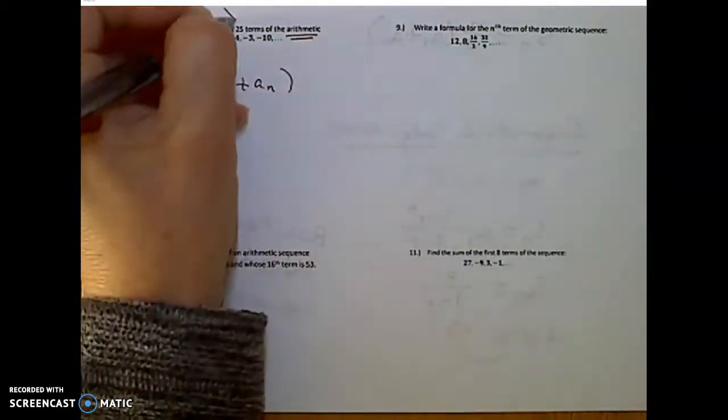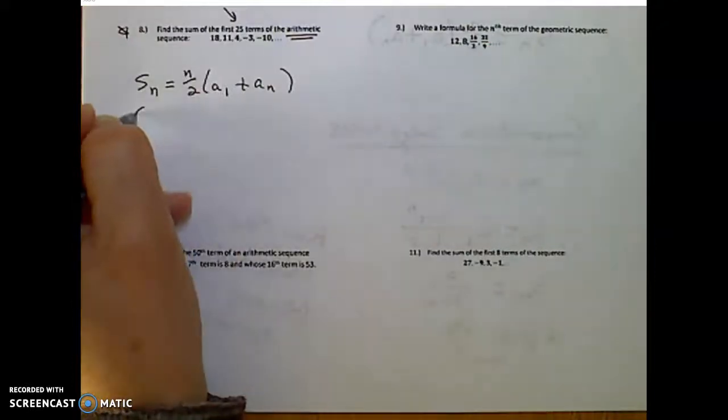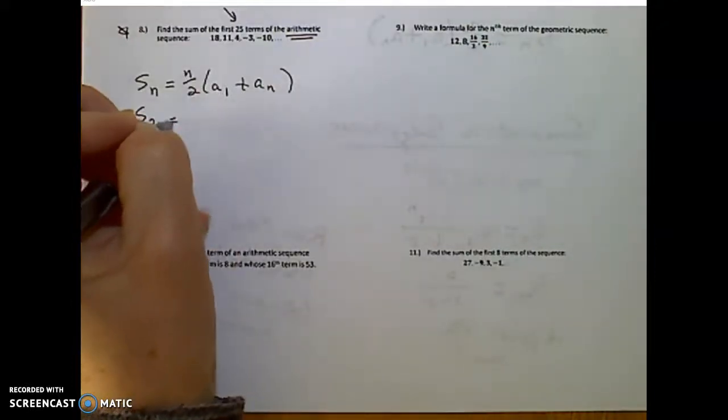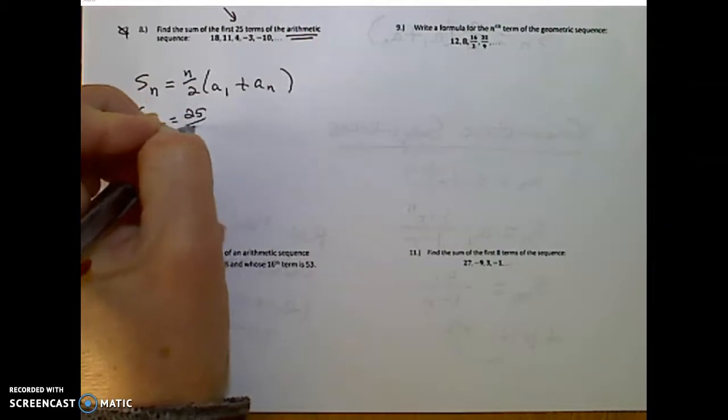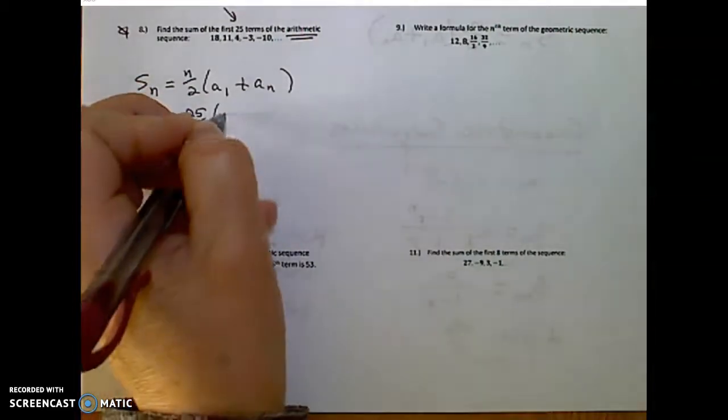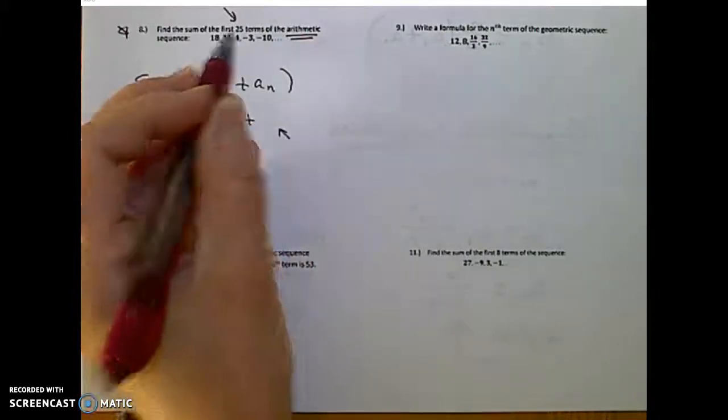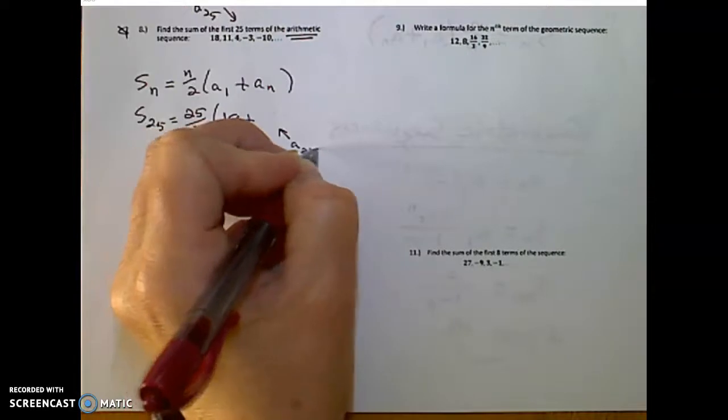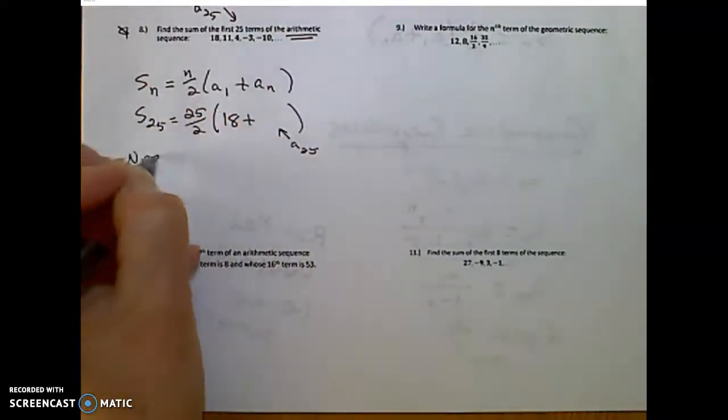So the sum of the first 25 terms is 25 divided by 2 times the first, which is 18, plus the last, which if I'm adding 25 terms, is a sub 25. I don't know a sub 25, so that's what I need to find.